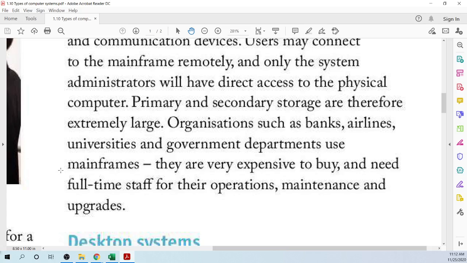So you need an entire staff to actually maintain, operate, and upgrade a mainframe. So basically, only large companies and organizations would make use of a mainframe because they have many users.